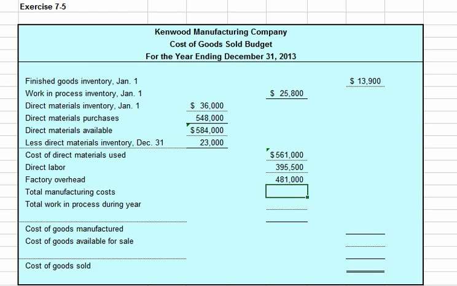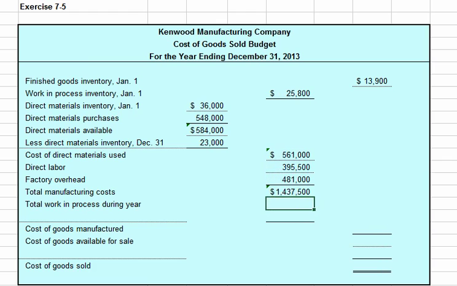So our total manufacturing cost, now we're going to add these three: cost of direct materials used, direct labor, and factory overhead, the three we mentioned earlier, our manufacturing costs. We're going to sum those to get $1,437,500, our total manufacturing costs.